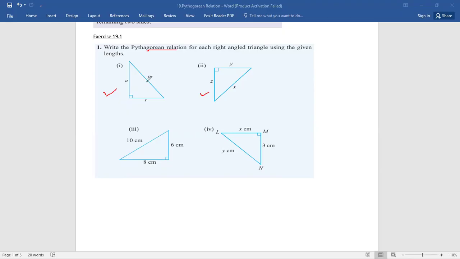That is the side which is in front of the right angle. In front of the right angle, you can find the hypotenuse. So you are going to begin with the hypotenuse.